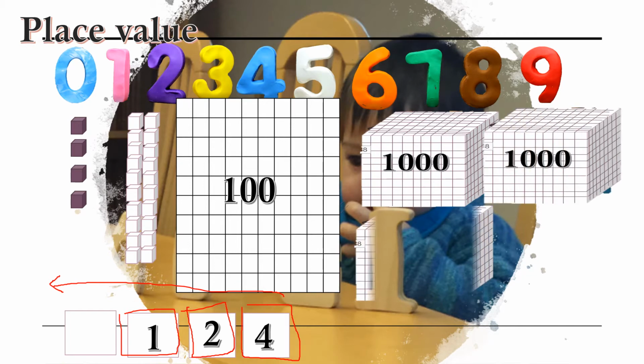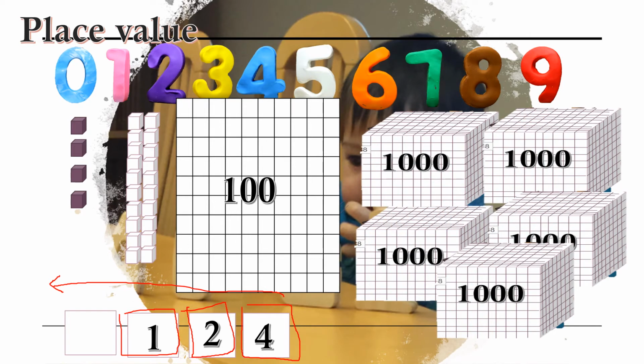Next, we have a group of 1,000. How many groups of 1,000 did we have? 5. We're going to write 5 here in this box. Okay, we're going to call this one the thousands place.